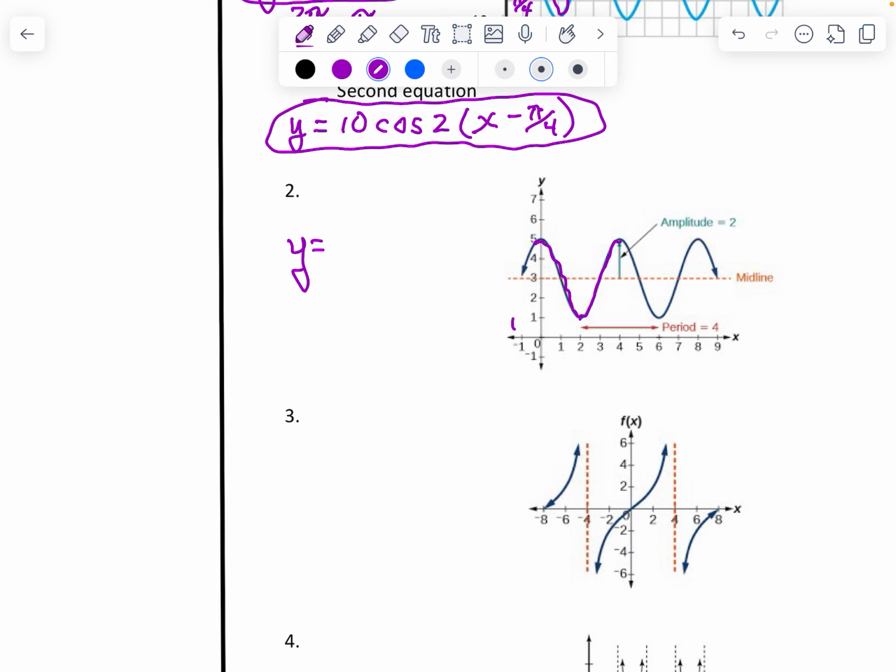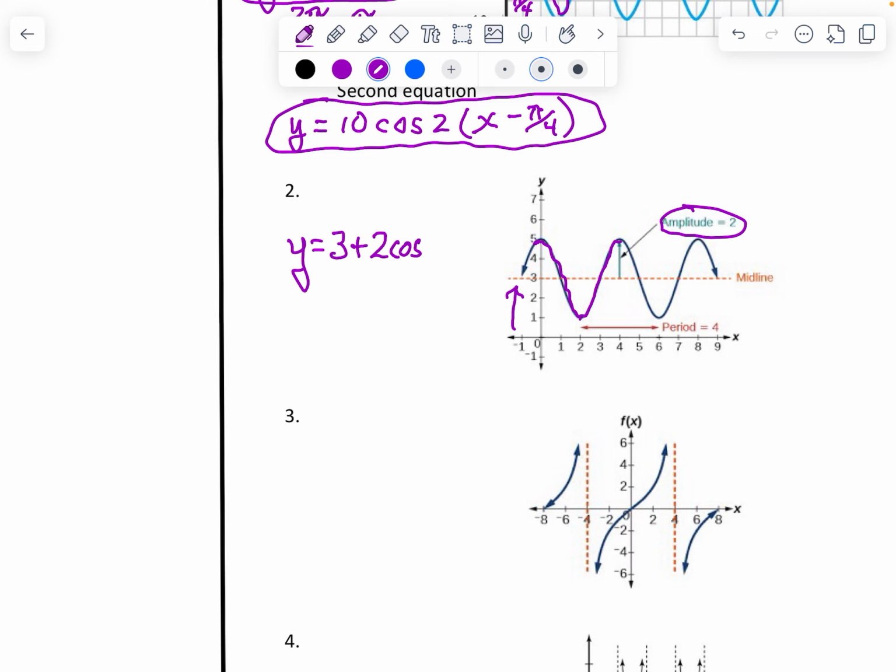Notice that the midline has gone from the x-axis up to 3. So it's going to be 3 plus, and now the amplitude has been changed. Notice it says the amplitude is 2 because it's 2 units above that new midline. So we're going to have 2 times cosine.